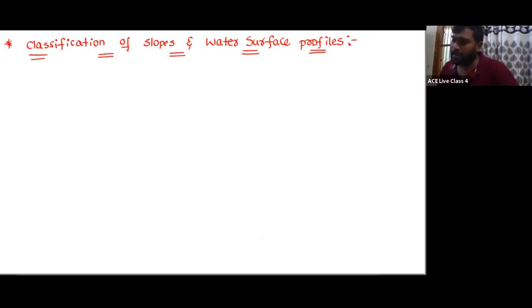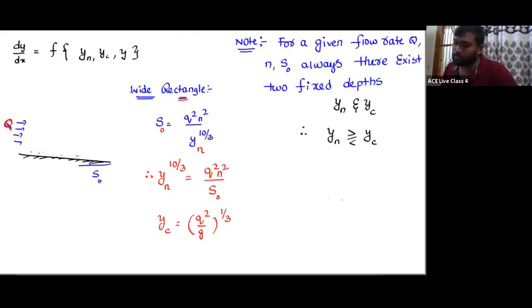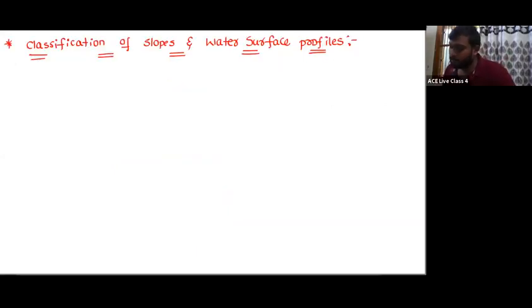Now, come to the classification of the water surface profiles and the slopes. As you know, the slope dy by dx depends upon yn, yc and y. For a given flow rate, n and S naught, there always exist two fixed depths, known as yn and yc.